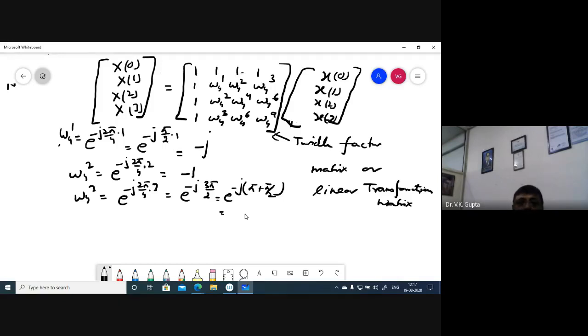This is e to the power minus j pi into e to the power minus j pi by 2. E to the power minus j pi is minus 1. E to the power minus j pi by 2 is minus j. So this is j. W43 is j. Then W44, what is the value of W44?